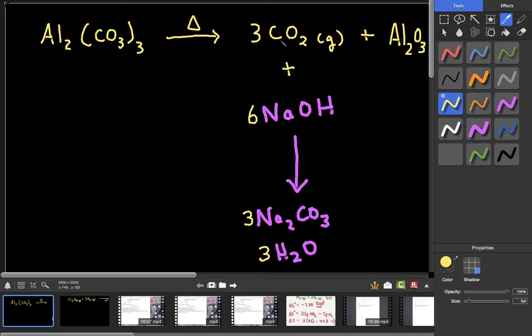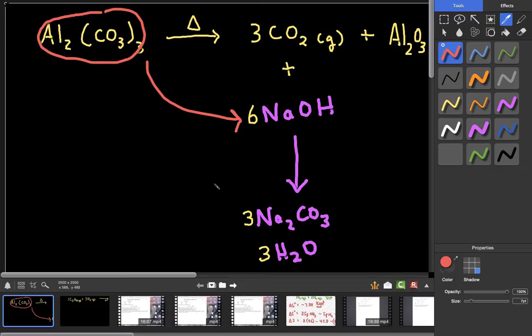So carbon, we have 3, and we have 3. Oxygen, we have 6, 12. We have 9, 12. Hydrogen, we have 6, we have 6. So this is perfectly balanced. So for every mole of aluminum carbonate, I need 6 moles of NaOH.